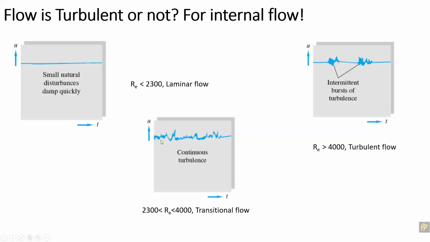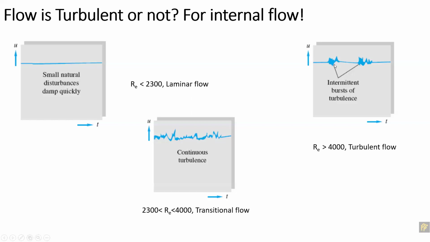But if the flow is laminar, but there are continuous bursts of turbulence, intermittent over time, then after some time the flow is behaving in a proper way, then again we have some disturbances.